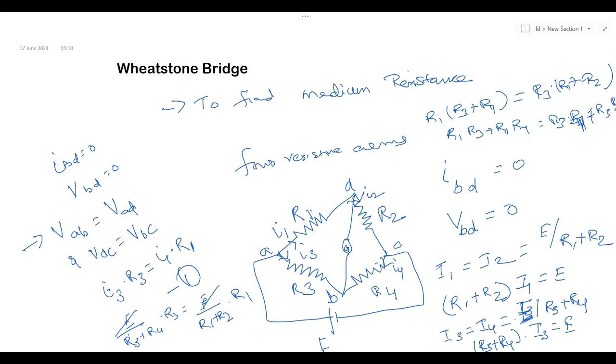Now we can cancel R1 into R3 and R3 into R1. So R1 into R4 is equal to R2 into R3. This is our balance condition equation.